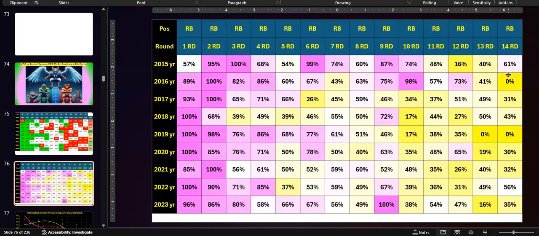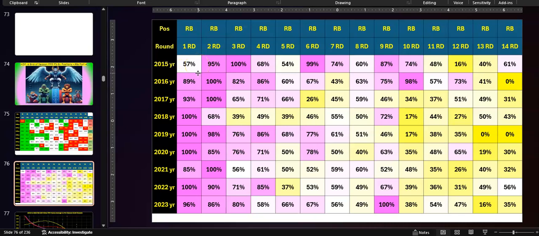So now the numbers become, to me, clearer, and I stain them with purple high to yellow low. And you can then get a trend about the year, right? So obviously 2015 round 1 was a disaster.